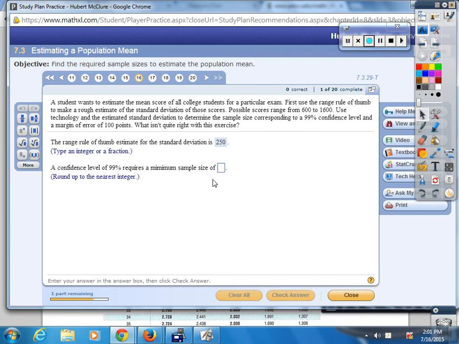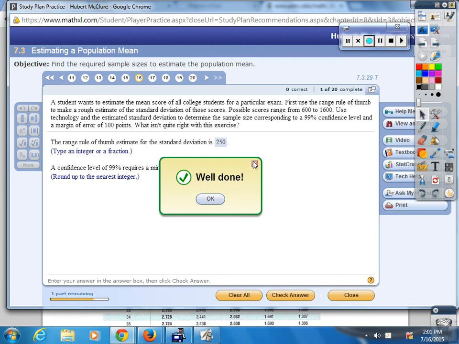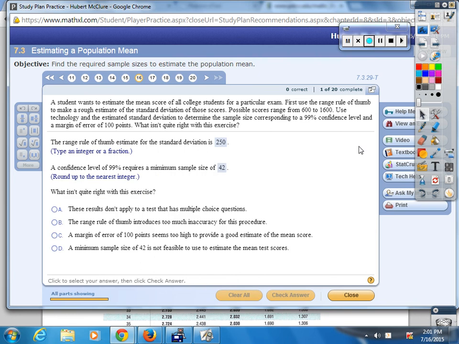A confidence level of 99% requires a minimum sample of 42. And we feel good about ourselves.